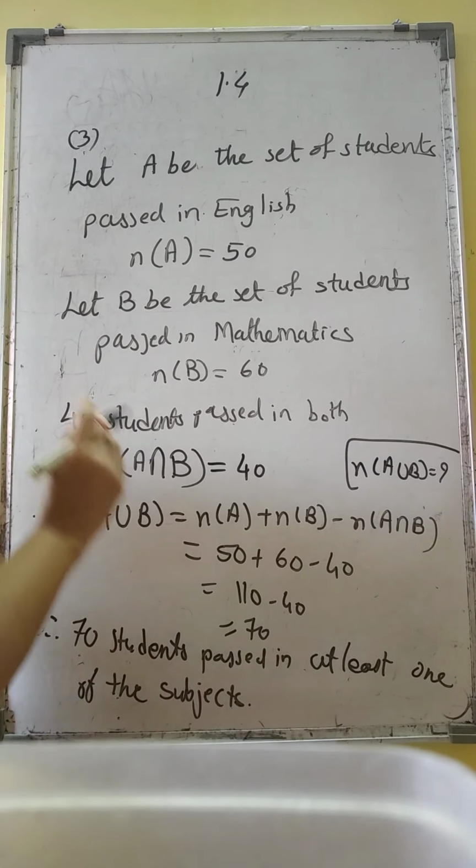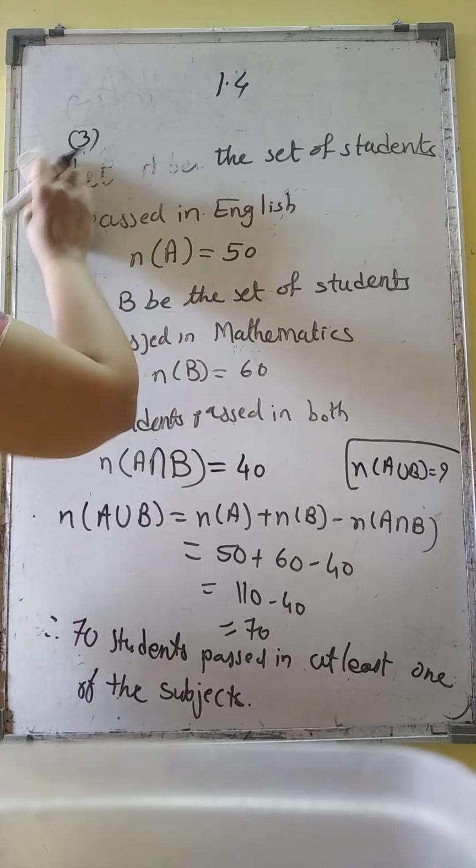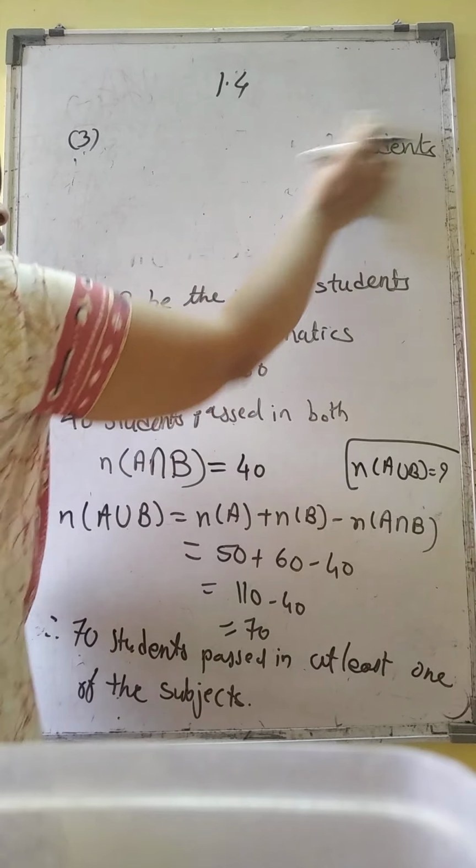I'll show the Venn diagram also once you complete this. So in the Venn diagram, children, here you will not have a universal set because everybody passed in at least one subject na. So outside the sets A and B nothing will come. So how will the Venn diagram look like?